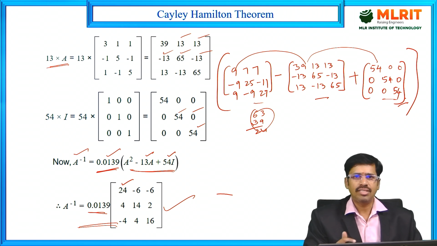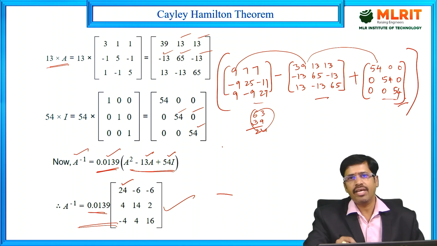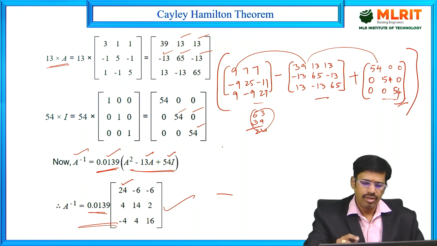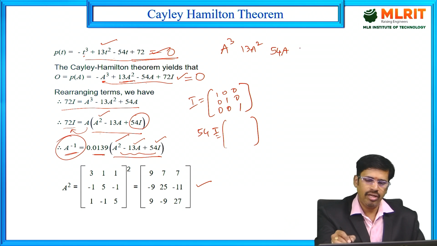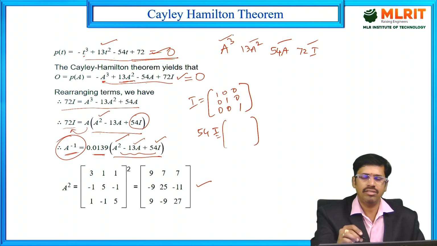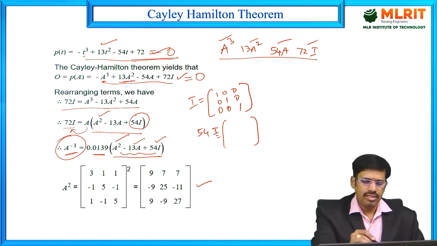Suppose for the same matrix you want to verify the Cayley-Hamilton theorem. Verify means that for the characteristic equation we got here, we need to find the values of A cube, 13A square, 54A and 72I. This is one matrix, this is another, and so on. Find all these matrices and substitute in this, and we get the null matrix, all zeros.